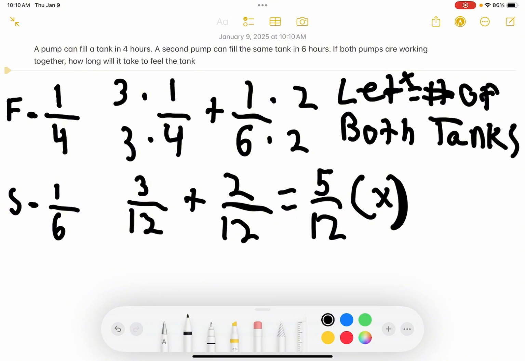We know we're just filling up one tank. So 5 out of 12 times x equals 1.